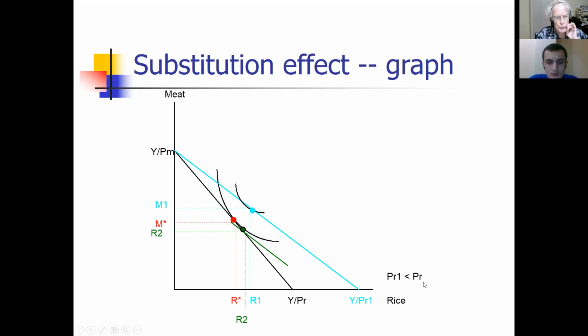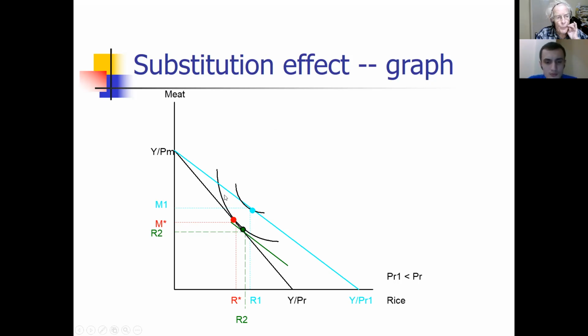The price of potatoes has gone down, and therefore the relative price of meat has risen. The substitution effect says that people always buy less of the expensive good than before. And that's what's happening here. We decrease our consumption of meat from M star to M2.